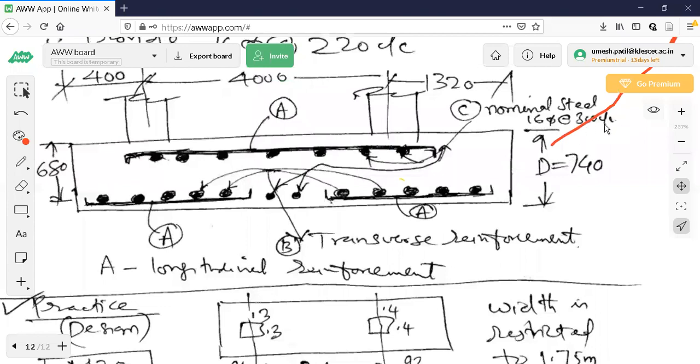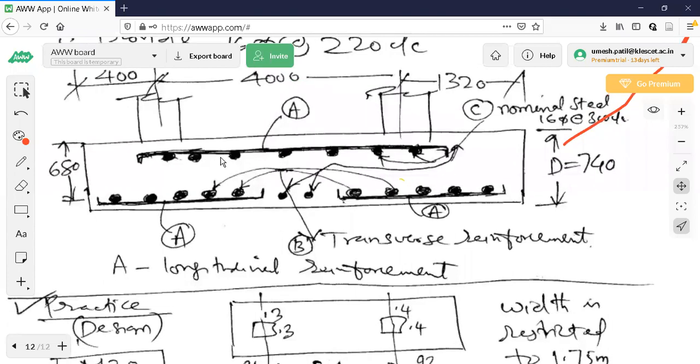It cannot be more than 300 in any case. That is why 300 is given. So these bars are 16 mm only, but at 300 centers, no calculation is there for this. These bars are used only to form a mesh. A is hogging, means longitudinal. Here also A is longitudinal.